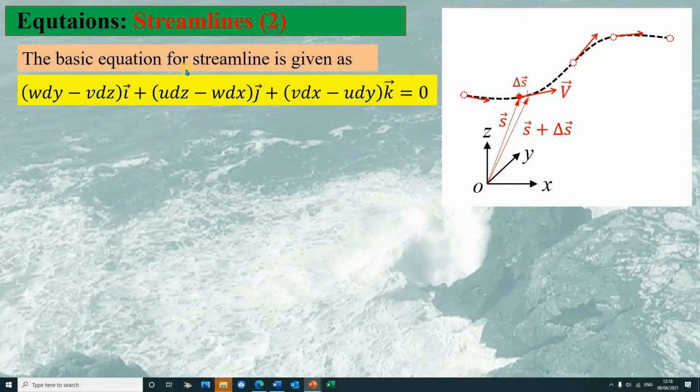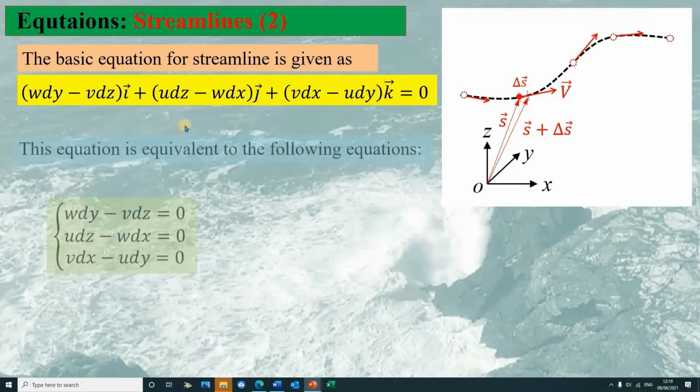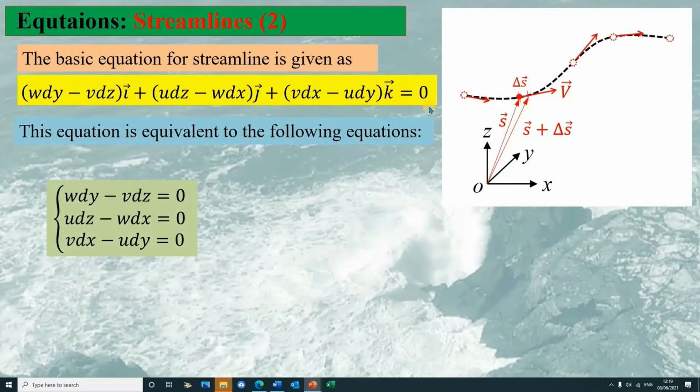Based on the streamline equation, this equation is required. And to make the equation equal to 0, that means all the components respectively on the x-axis, y-axis, and z-axis would all be 0. So we have the equations as this.